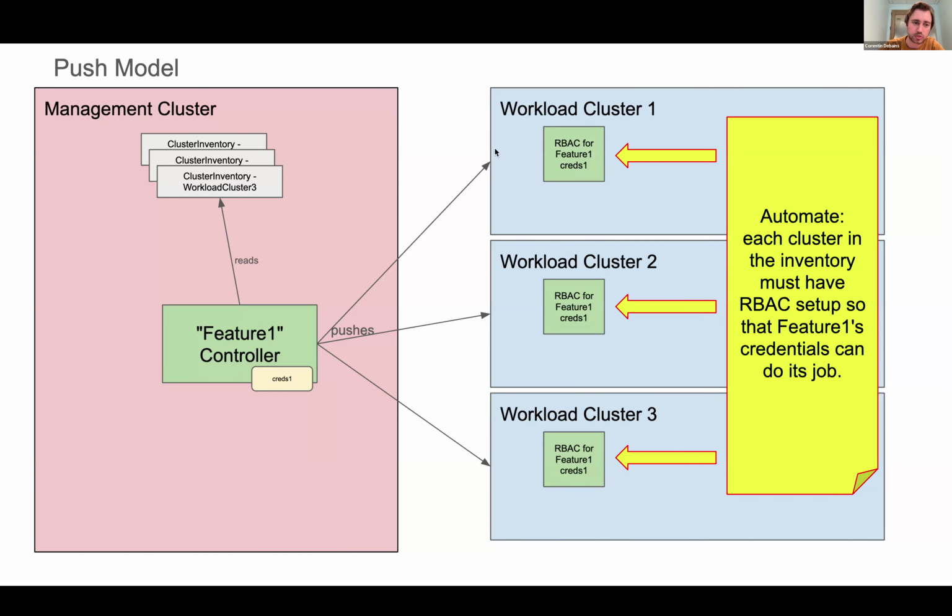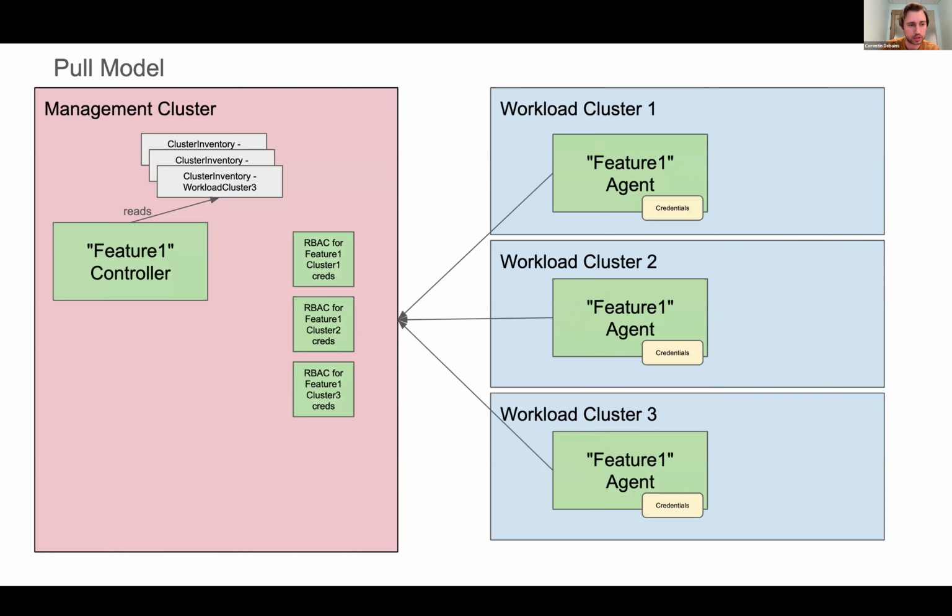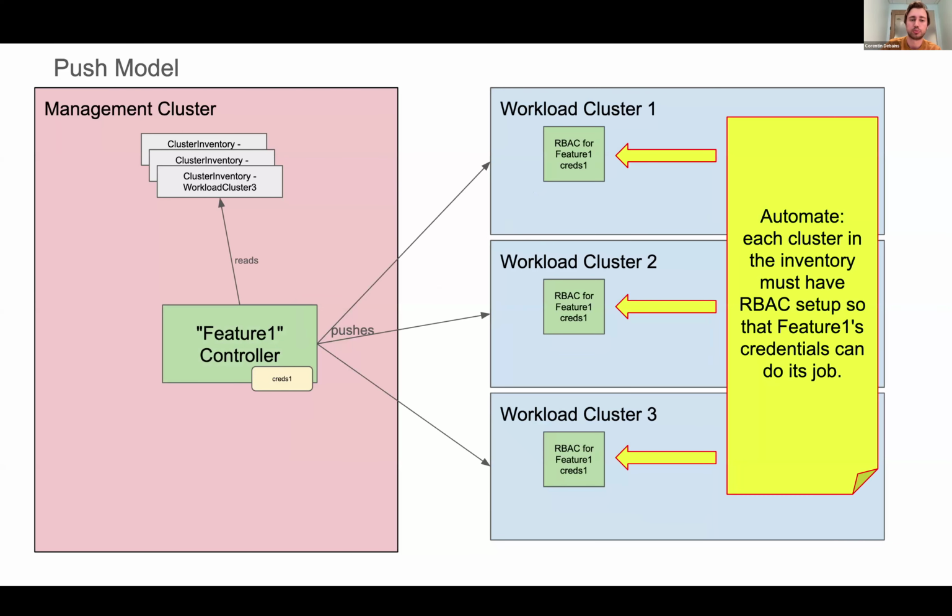So whenever the cluster comes up, it'll register or figure out a way to get a cluster inventory object, but you also need to get the RBAC for every single feature you have in every single cluster. So there needs to be something automating this RBAC. And obviously that can't be the feature itself, otherwise it would have cluster admin on it. So it's a little chicken and egg there, but it needs to get there. So that was my first problem for push model.